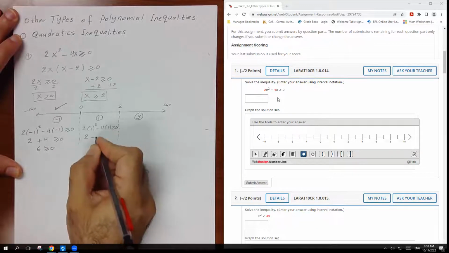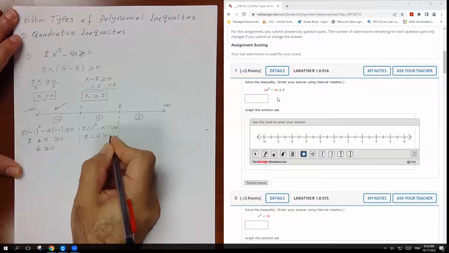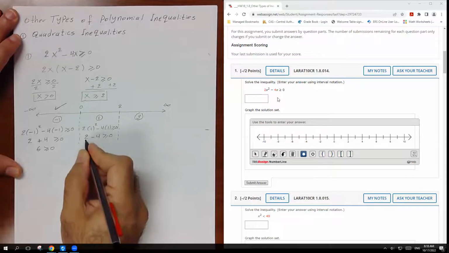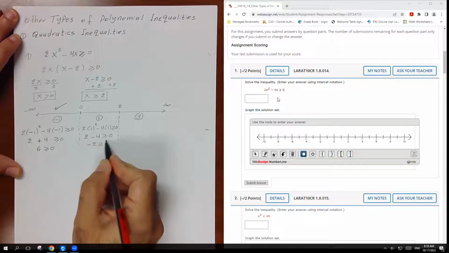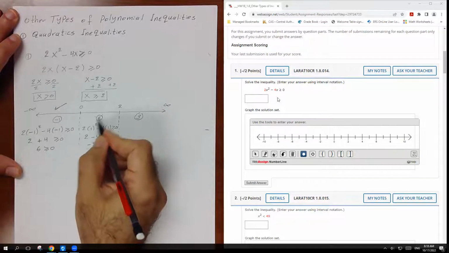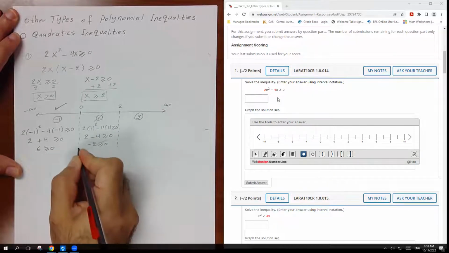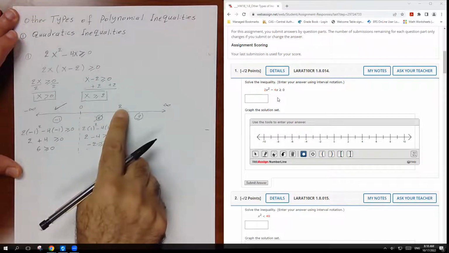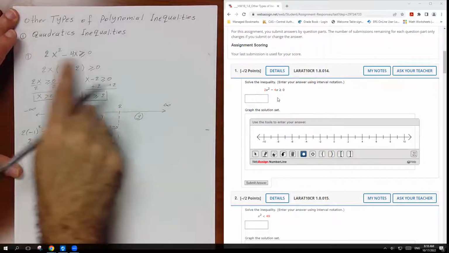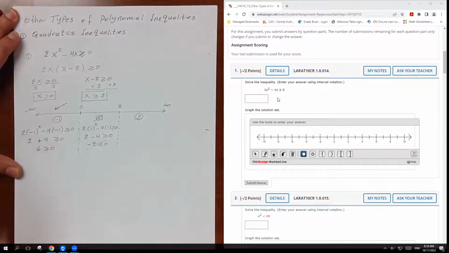Minus 4 times 1 is 4. 2 minus 4 is negative 2. Is that greater than or equal to 0? No, that means this is wrong. This is not a solution. So from 0 to 2 is not the interval solution for this inequality. Let's check the 3.